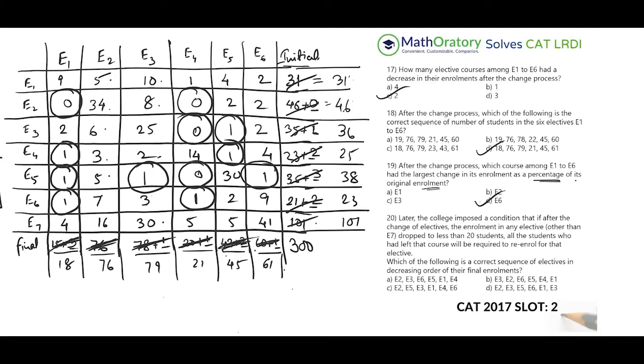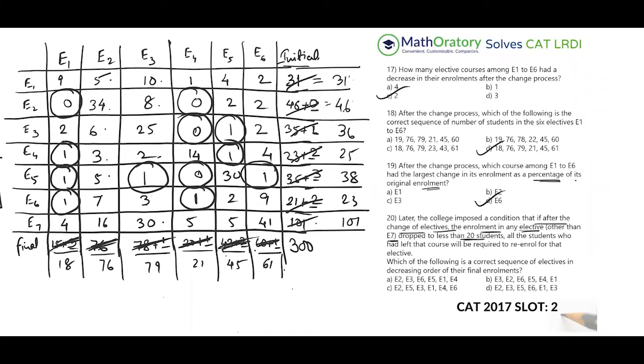Now, finally, this question number 20. I want to discuss something about this question. First, let's read the premise. Question number 20 says, later the college imposed a condition that if after the change of electives, the enrollment in any elective other than E7 drops to less than 20 students.